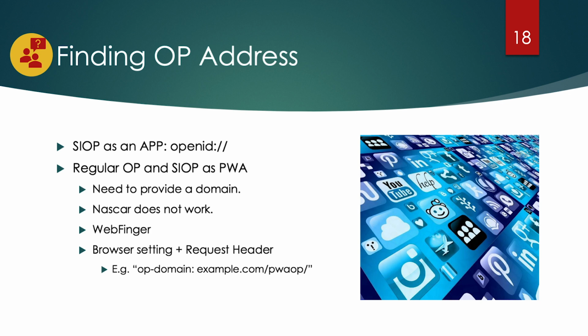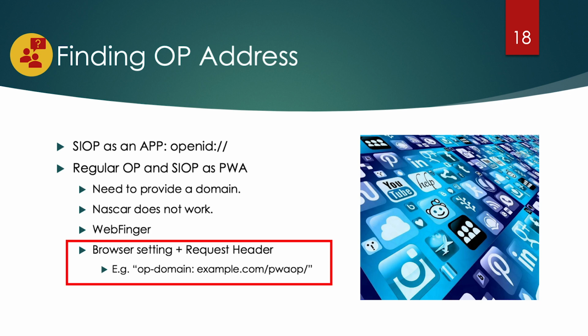So what Kim is actually proposing is a browser setting plus a request header, so that you can set the header string in the browser, so that the browser can actually give out which IDP you are using, so that the relying party can find out where to redirect the user to get him authenticated and get the claims attributes.